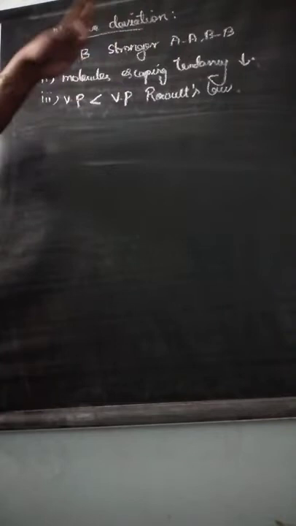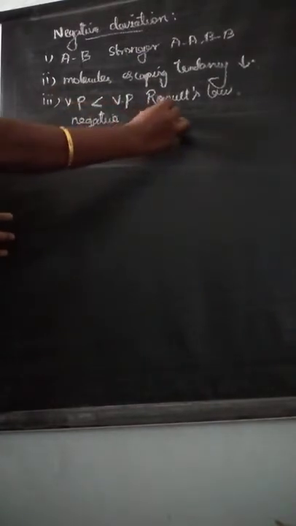Third point, the vapor pressure of this solution is lower than the sum of the vapor pressures predicted by Raoult's law. This type of deviation is called negative deviation.